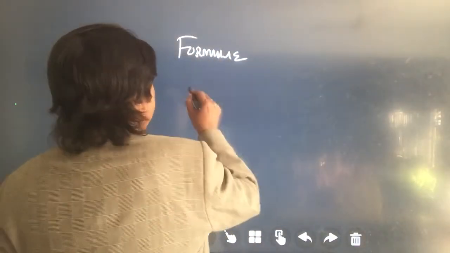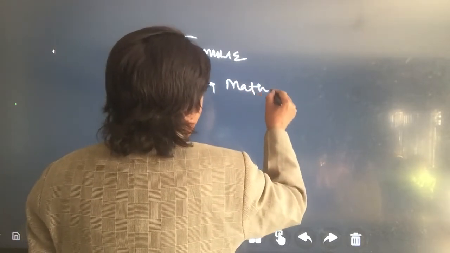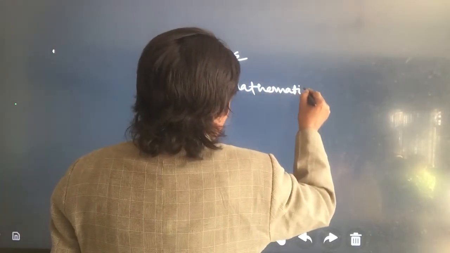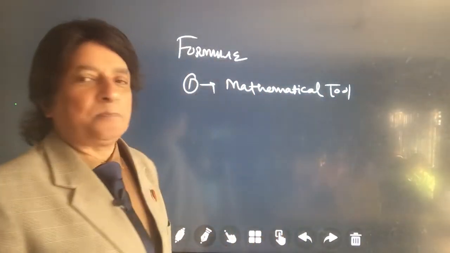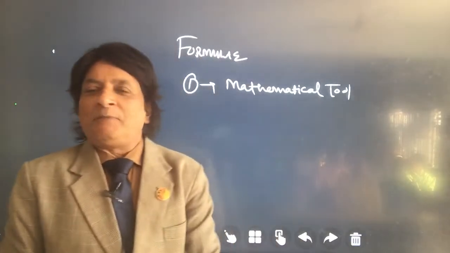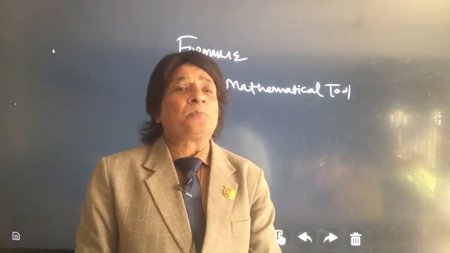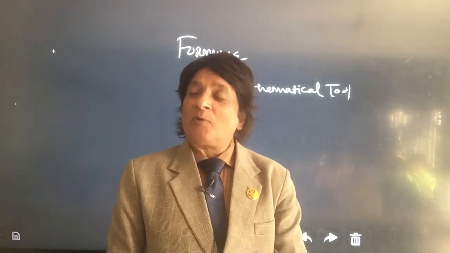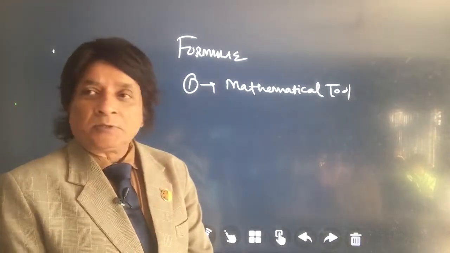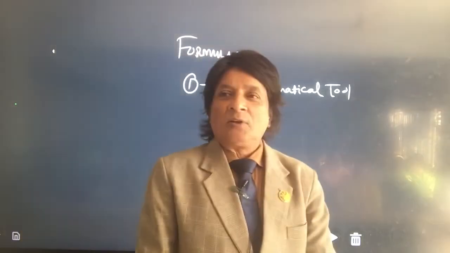So formulae. First we start with mathematical tool. Come in, students, come in. Sure. In mathematical tool, I make you revise first the formulae of trigonometry. First formula of trigonometry: sine 0 is 0, cos 0 is 1, tangent.